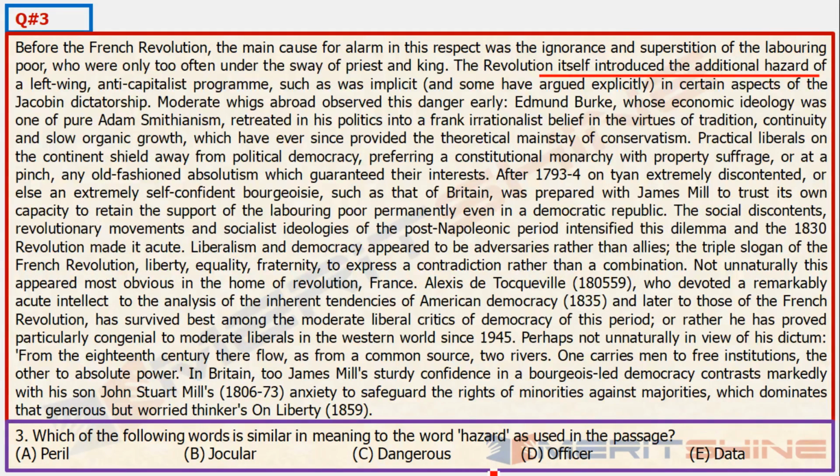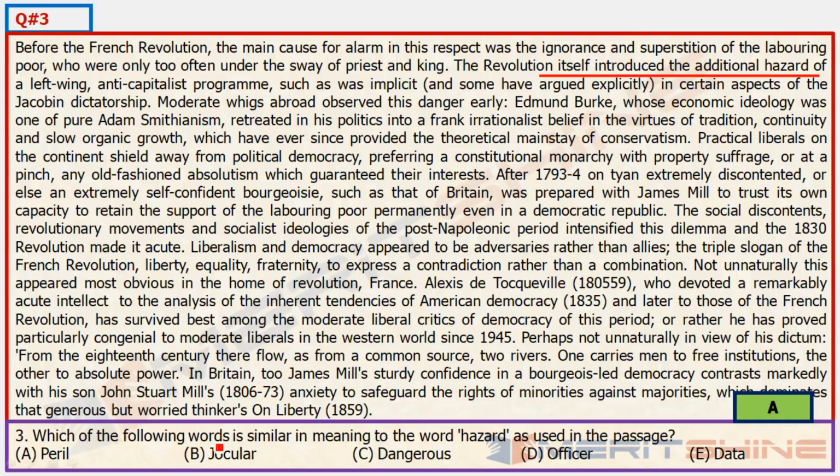Okay, so if you do not know the meaning of the word hazard, you might be only looking at the options, trying to make out an answer. So let's see, hazard is a noun, that's for sure, and it is a negative noun. So jocular cannot be. Dangerous is not a noun but an adjective, so that's eliminated on that count. Officer doesn't make sense. Data doesn't make sense, irrelevant. So the only thing that remains is peril, which is danger, which is a noun. So peril is the answer, right?